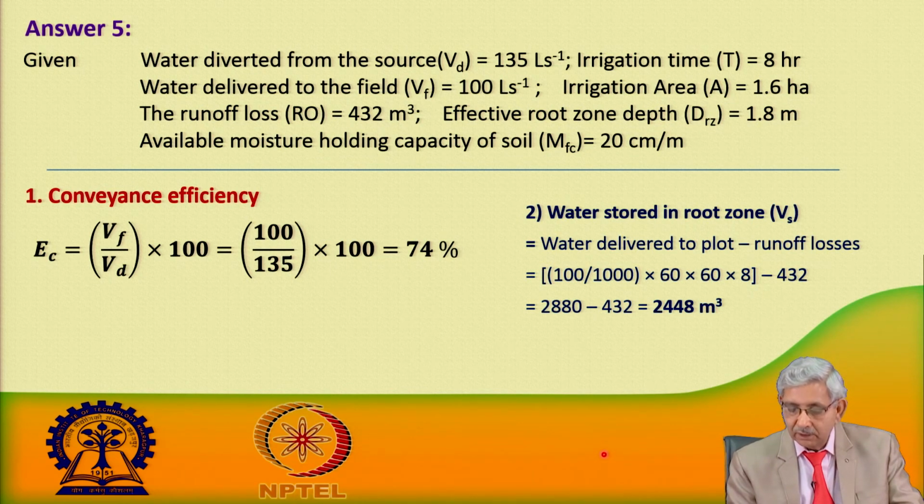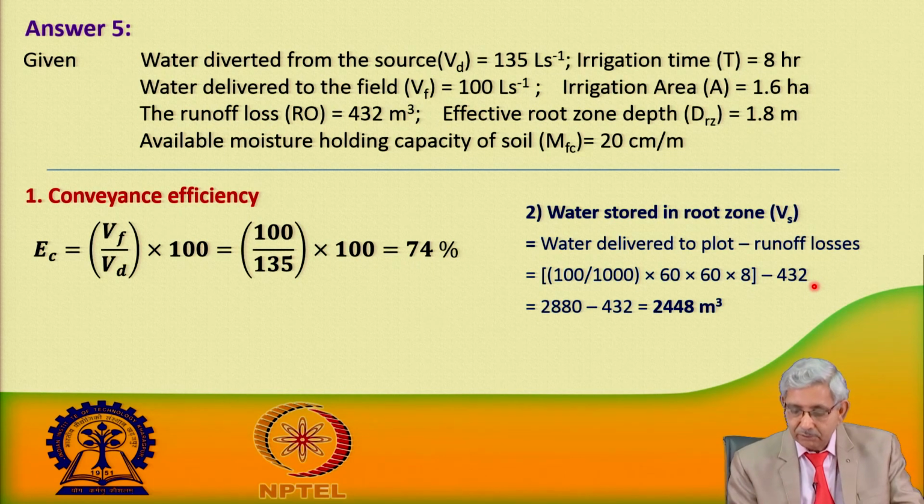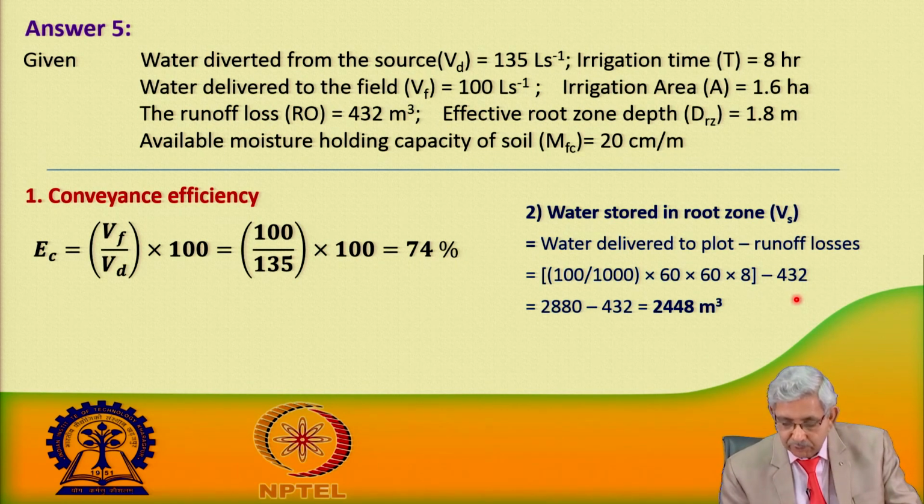Here liter per second is converted to per minute, then per hour, then 8 hours it has been supplied. So, this will become the water delivered in volumetric form, minus 432, which has gone as surface runoff loss. It is assumed in this question that there is no deep percolation loss.